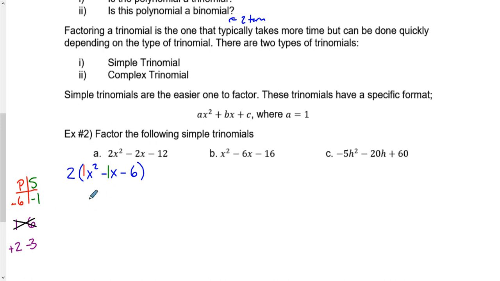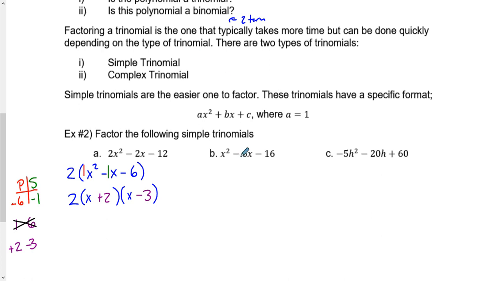Because it's a simple trinomial, the only necessary step that we would need to do next is to have two sets of brackets, put an x in the first spot, put the +2 and the -3 in there. Of course, we factor that 2 out, we cannot forget that it's still there.